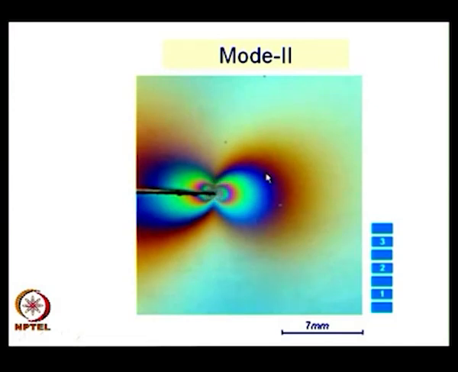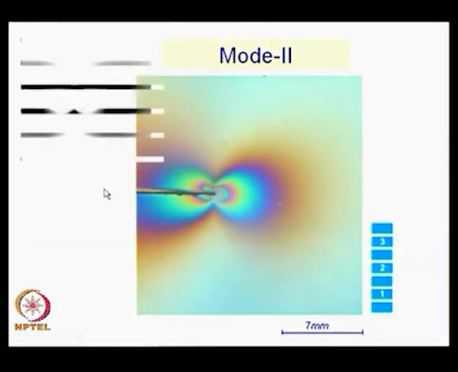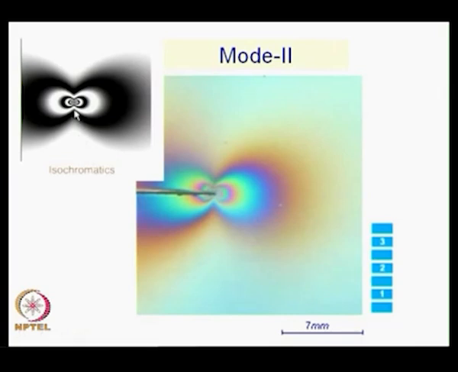These are the photoelastic fringe patterns seen for a mode 2 situation, and these are isochromatics. They are recorded in color, and I will show the Westergaard solution which is shown in black and white.